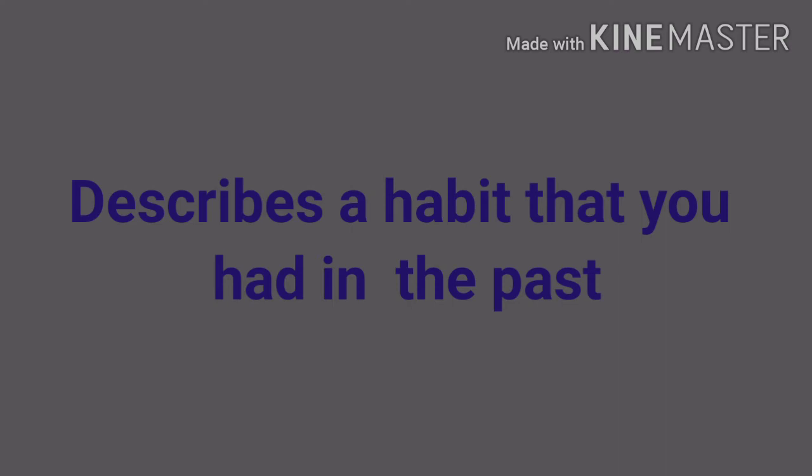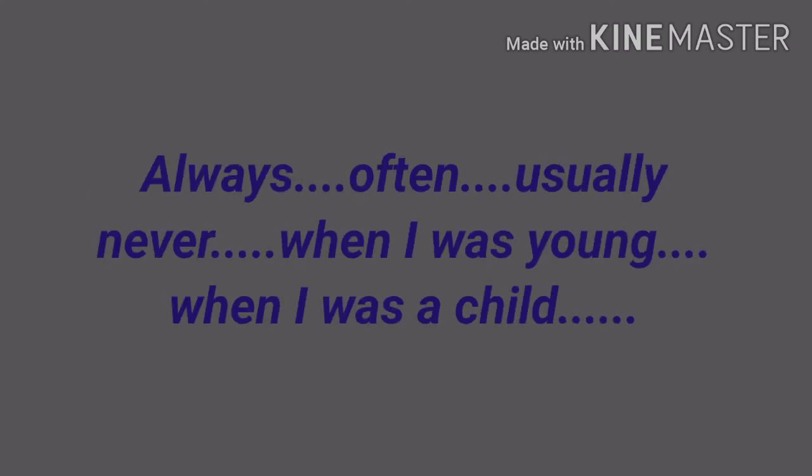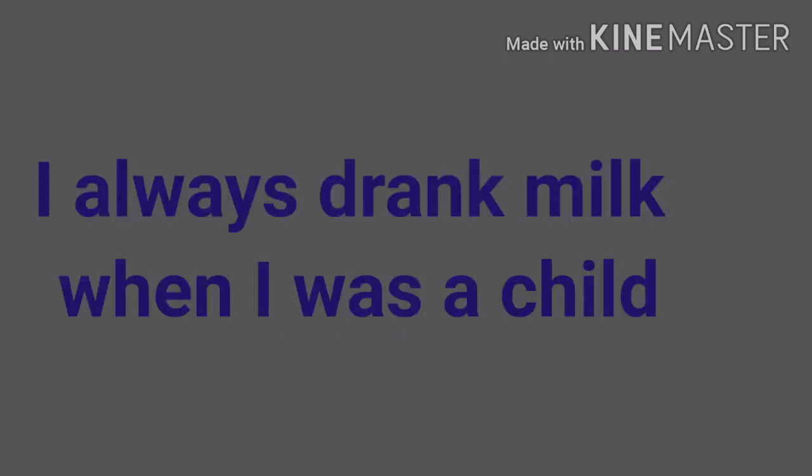In such sentences, usually some common phrases are used, like always, often, usually, never, when I was young, when I was a child, etc. Now let us look at some sentences. I always drank milk when I was a child. So, drank is the past tense verb here, and that is a habit which you had in the past.